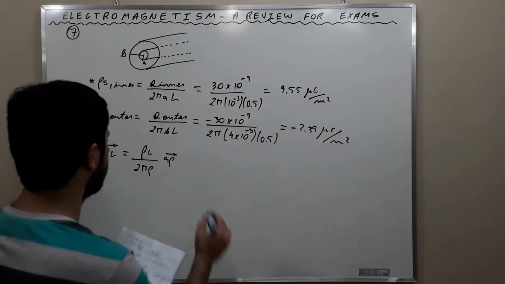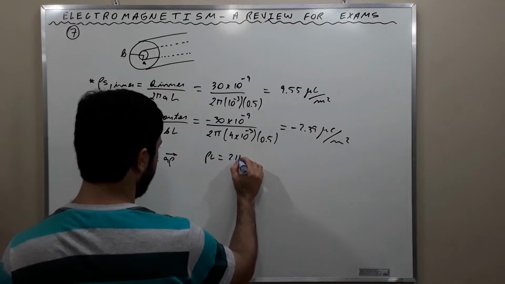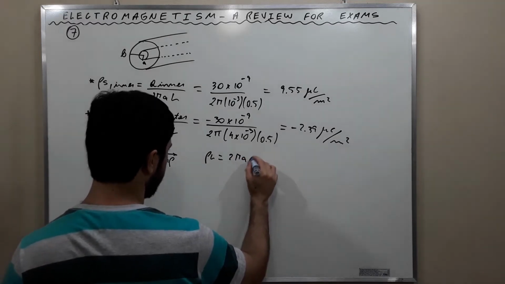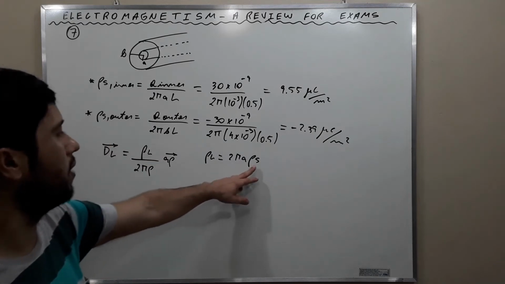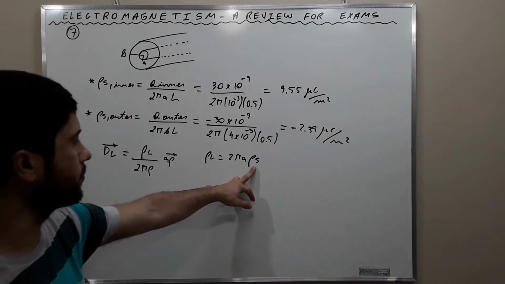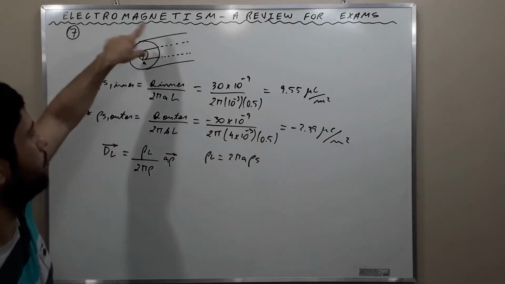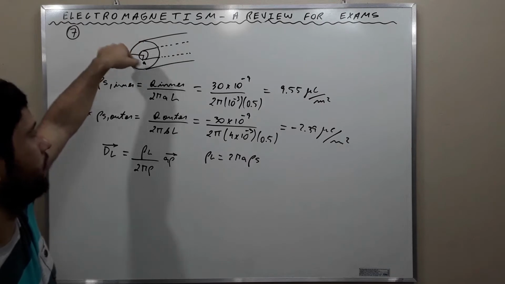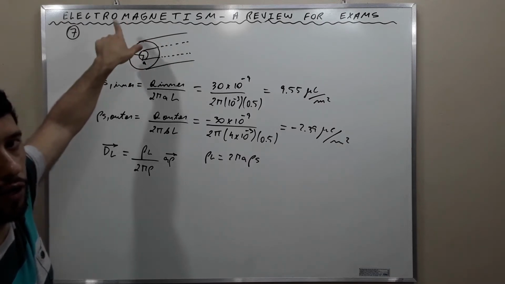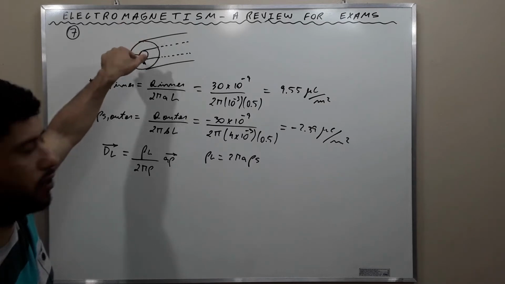Since rho L is equal to 2 pi a rho S, we have a surface density of charge, and we multiply by the surface of this circular cross-sectional area.